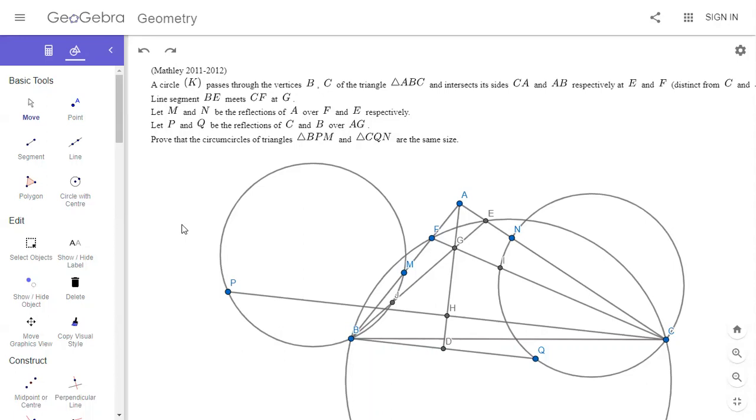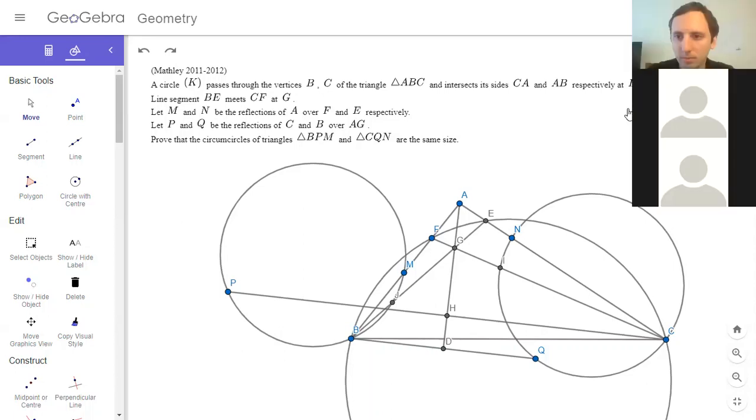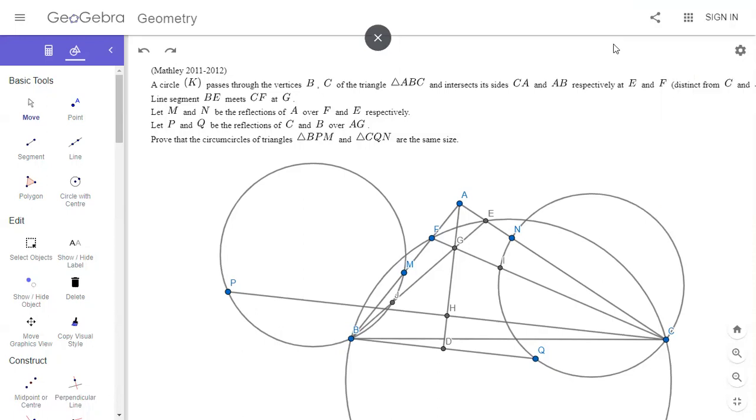I guess we can try proving that angle PMB is equal to angle QNC. BMP is equal to QNC.